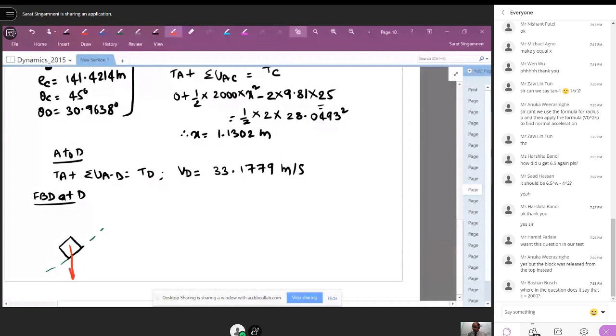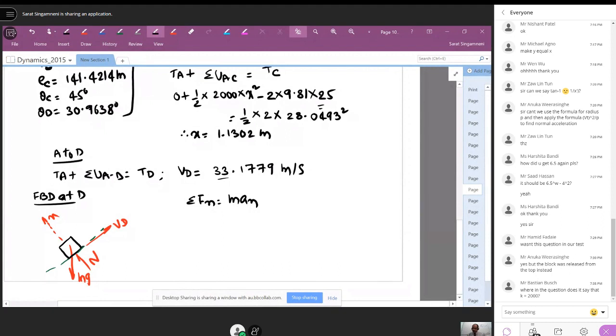mg, the weight, the normal reaction, and it is moving with a tangential velocity v_D. When you take the normal direction, sigma F_n equals mass times centripetal acceleration, which is v squared over rho.